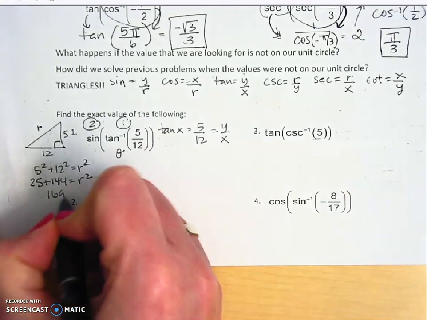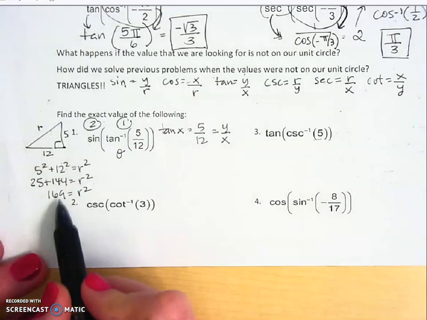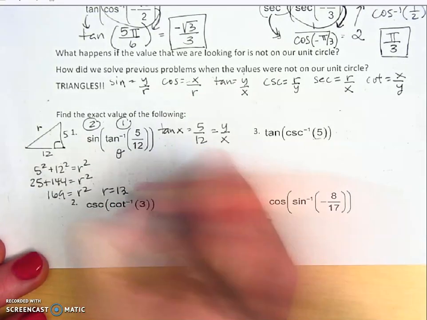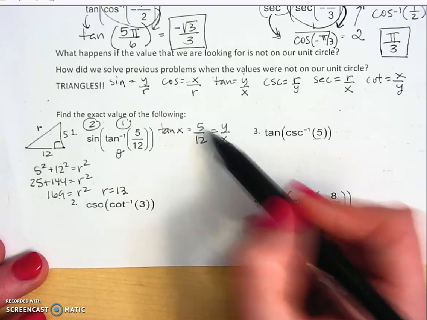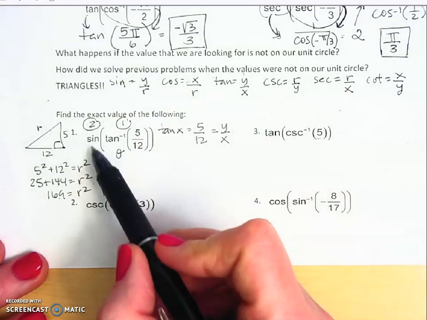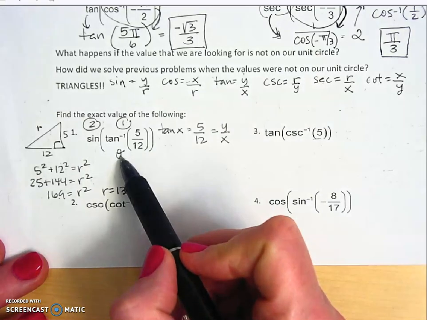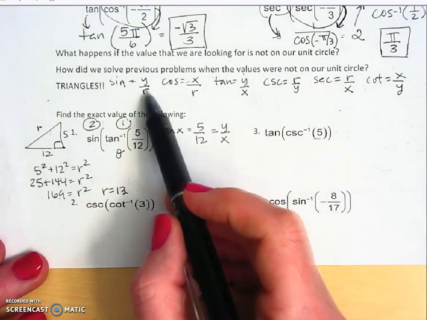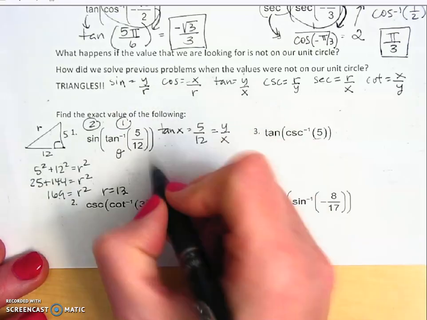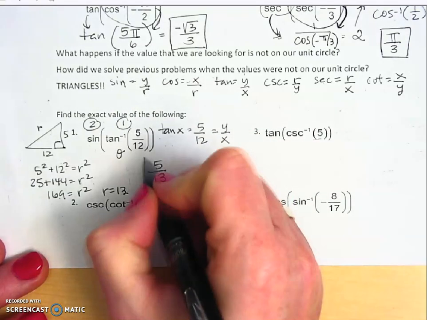That's 169. And then you're going to square root, and r is 13. So I know y is 5, x is 12, r is 13. And now to find the sine of whatever this theta angle is, I'm going to use this ratio. Sine is equal to y over r. So y was 5 and r is 13.